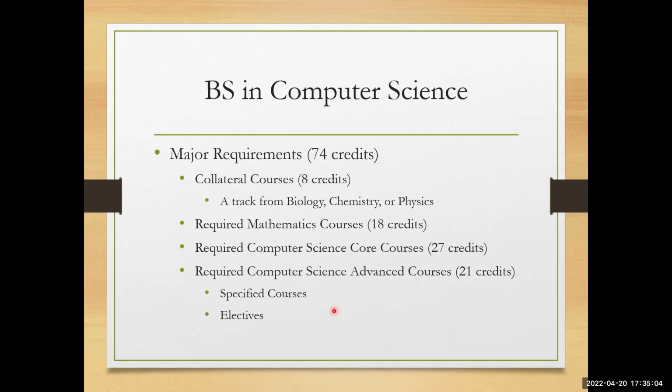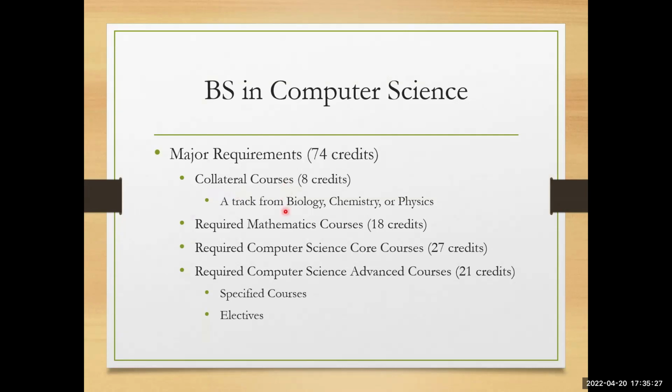Here I want to provide more details regarding these major requirements. Again, you need to finish 74 credits within these requirements. We have several categories within these major requirements. You need to take some natural science courses.